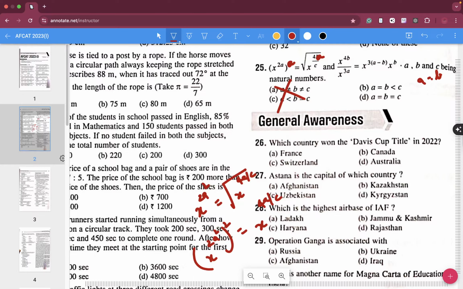X raised to the power m raised to the power n can be simply written as the multiplication over here. So 4a square is equal to x raised to the power 4a by c is what you have.